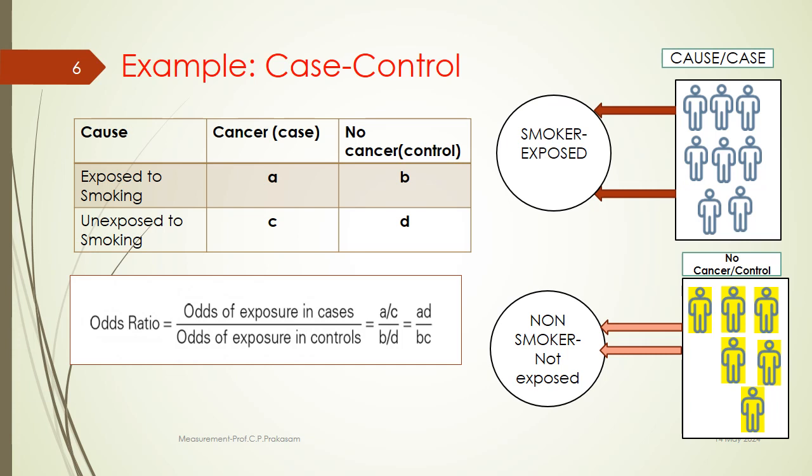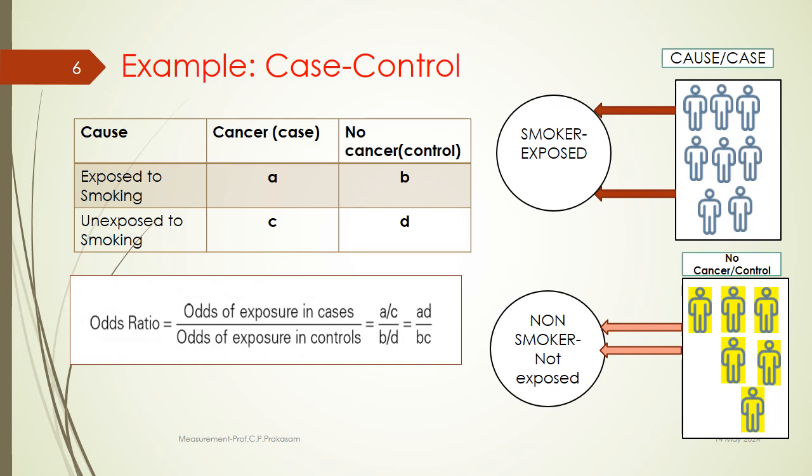That is calculated using the odds ratio: odds of exposure in cases divided by the odds of exposure in controls. Therefore, A divided by C divided by B divided by D gives you AD by BC.